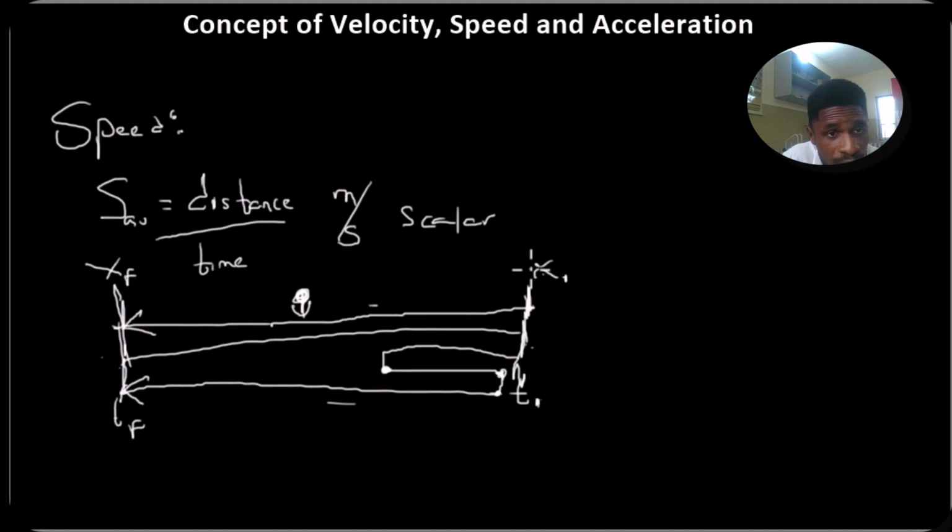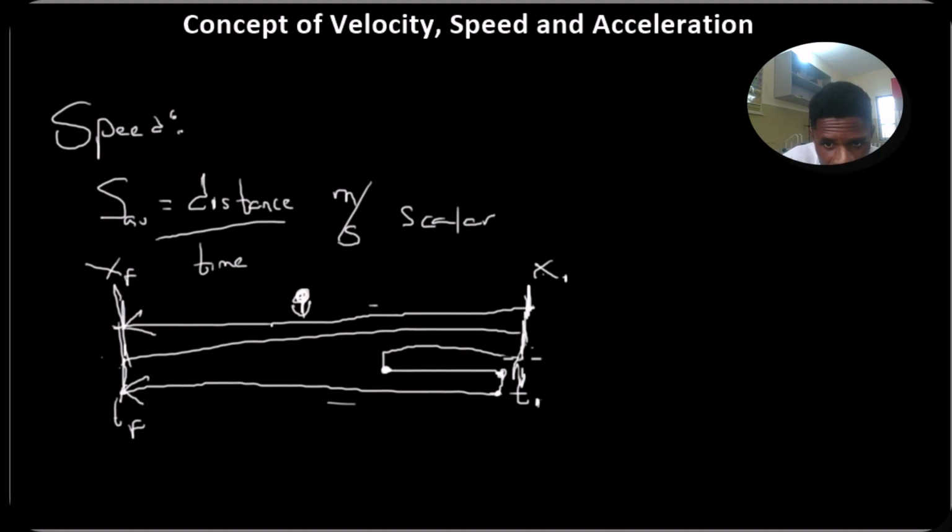So I will calculate the average velocity. Take our x initial, or initial position, take our final position, subtract them from each other, divided by the time taken for both. But speed tells us the rate at which we are covering distance. Remember, speed is distance over time. From our previous video, we didn't know how to find distance.